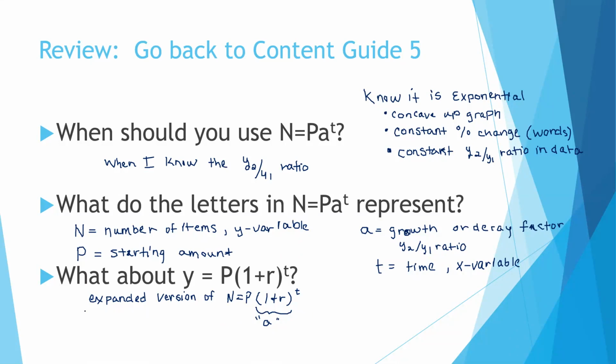So when should I use this? I should use it when a percent is given. So I'm going to use NPAT when I know that ratio, but when a percent's given, this idea of 1 plus that percent or 1 minus that percent is going to get me the A. And some key things. R is the percent as a decimal.